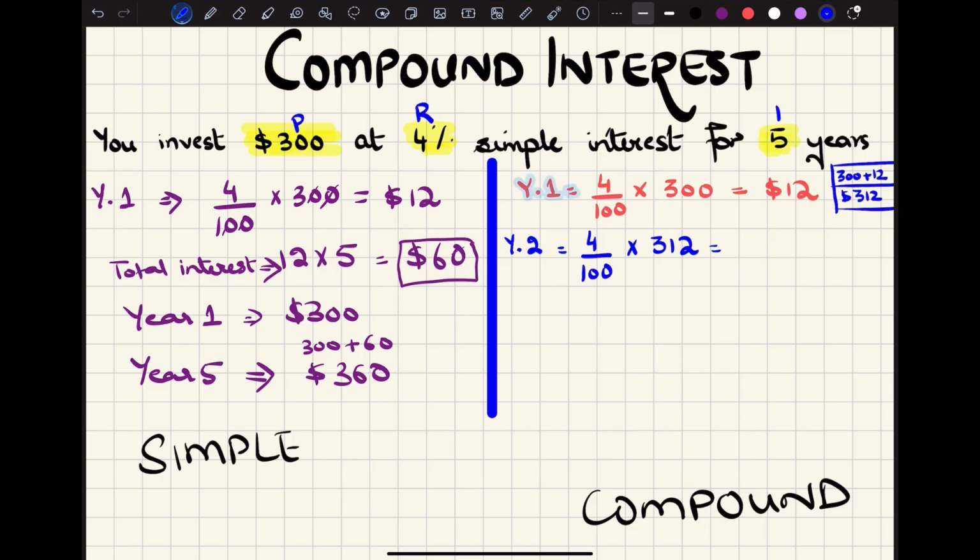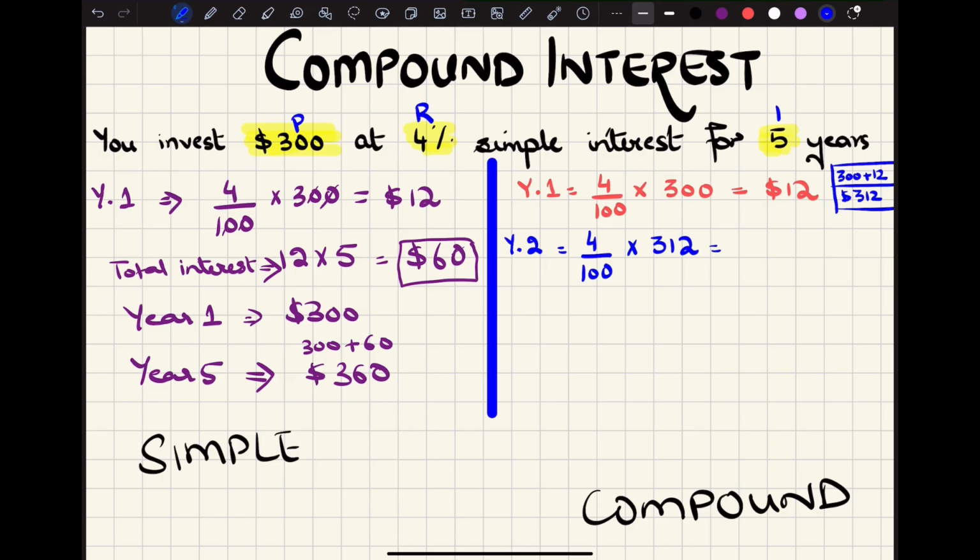For compound interest, they're always going to charge the rate of interest on the amount of money or the bank balance at the end of every year. So that is going to change. Your bank balance is going to change every year because a certain amount of interest is going to be added at the end of the year, right?